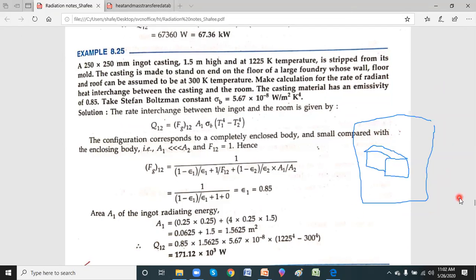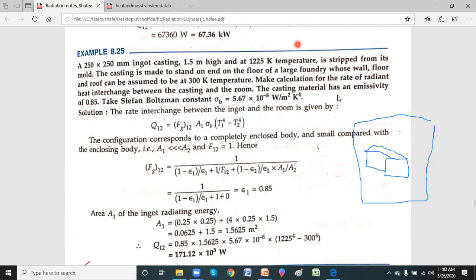So the room is at 300 Kelvin and the casting is at 1225. So surface 1, surface 2. If you assume the room is surface 2, surface 1 is the casting. Make a calculation for the radiant heat exchange between the casting and the room.